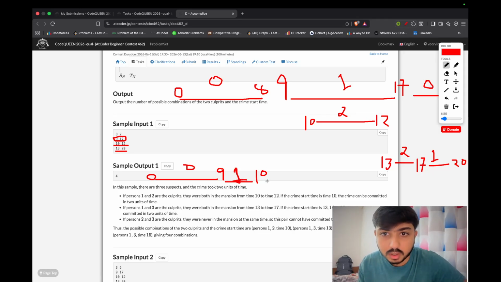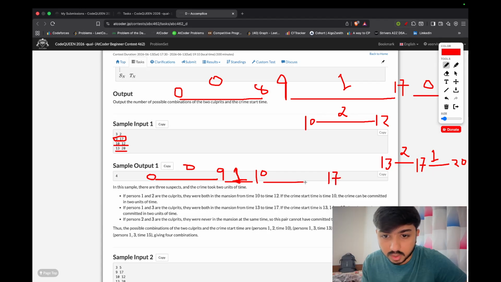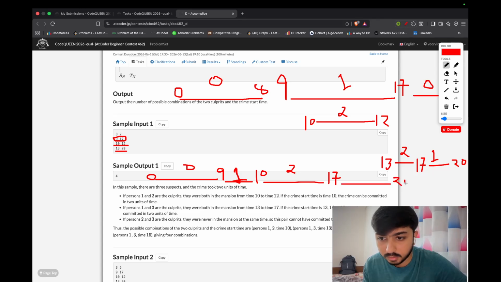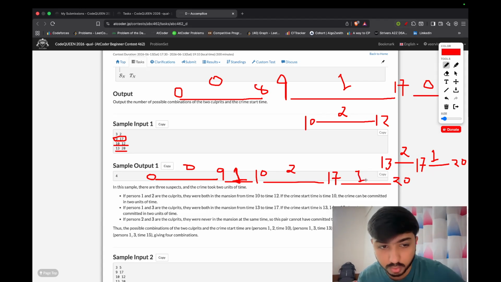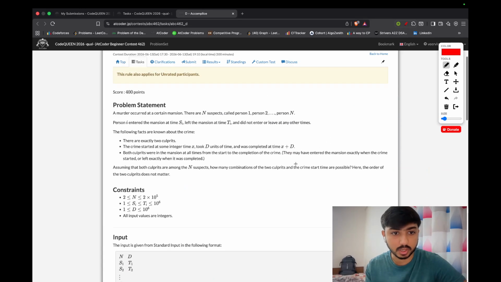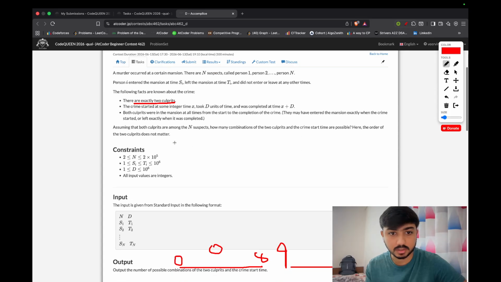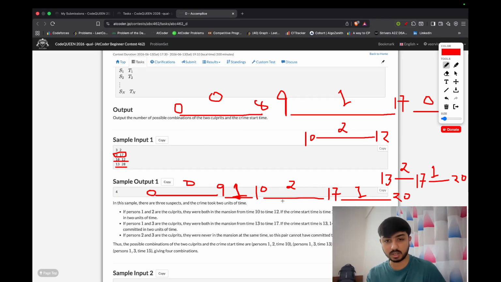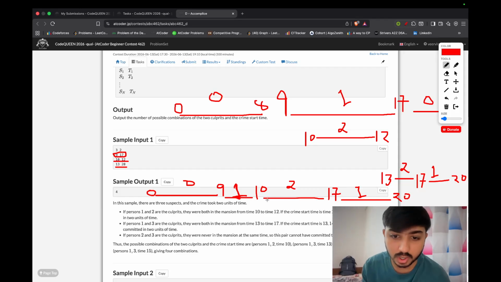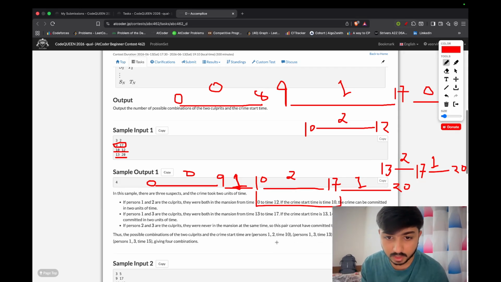Then from 10 to 12 and 13 to 17, so I can say from 10 to 17 everything is 2, and from 17 to 20 everything is 1. Right? We need exactly two, sorry. There are exactly two culprits, so we are interested in an interval which is common for exactly two.